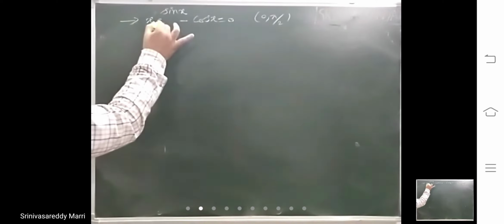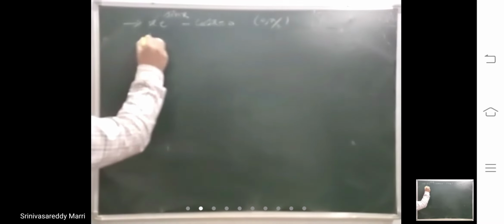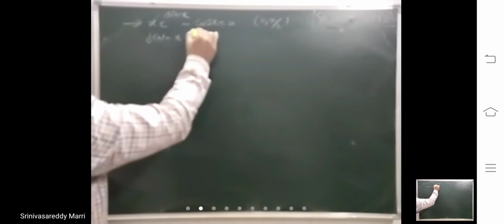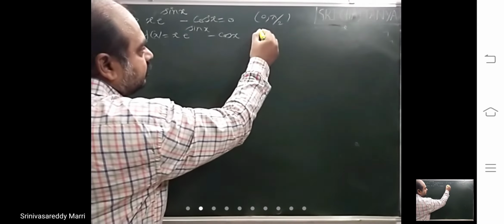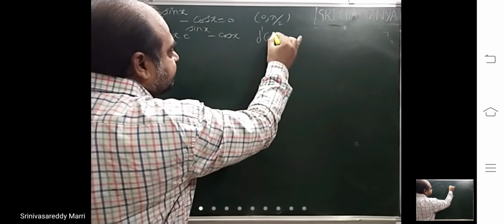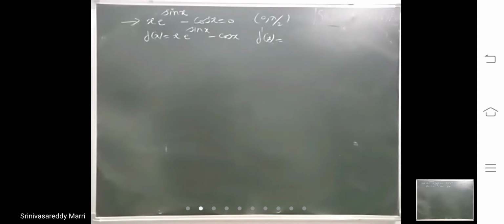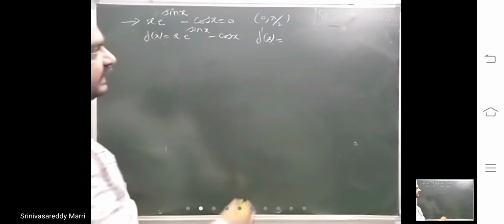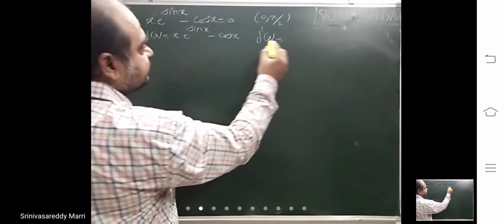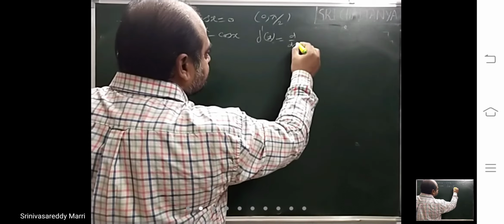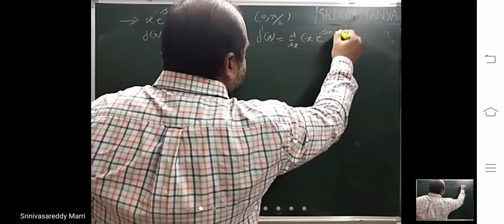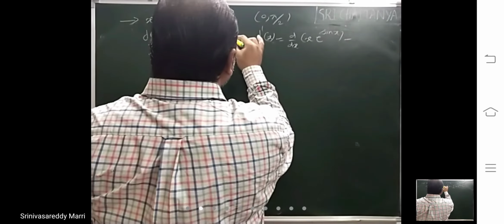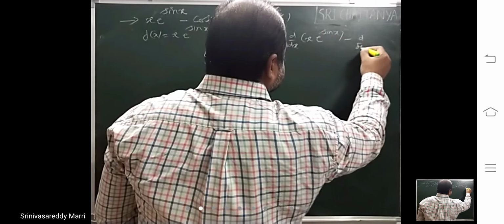Look at this. Take this as f of x and construct the graph. First, where it increases, where it decreases. F dash x you calculate. F dash x is nothing but d by dx of this, minus d by dx of cos x.